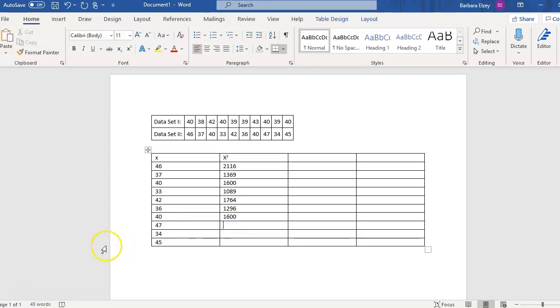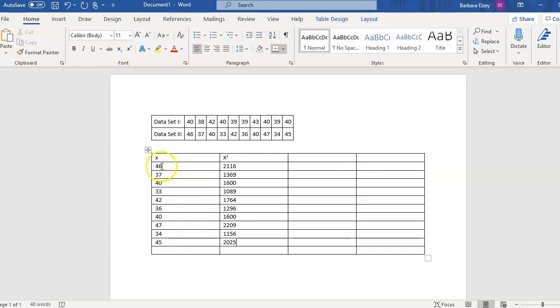And 47 times 47 gives us 2209. And 34 times 34 is 1156. And finally, 45 times 45, which is 2025.